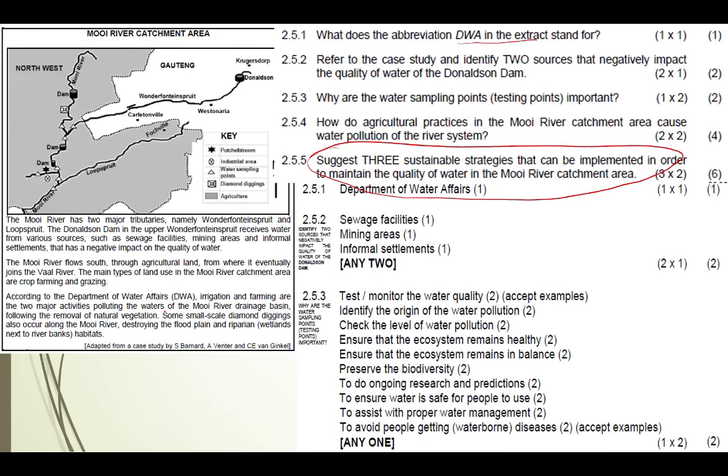Usually this comes in the form of an extract. You'll have an extract that you have to read. That extract can be an infographic, or it can be just one extract that you read from. Most of the questions there will be based on the source that you have. But what is important is strategies.